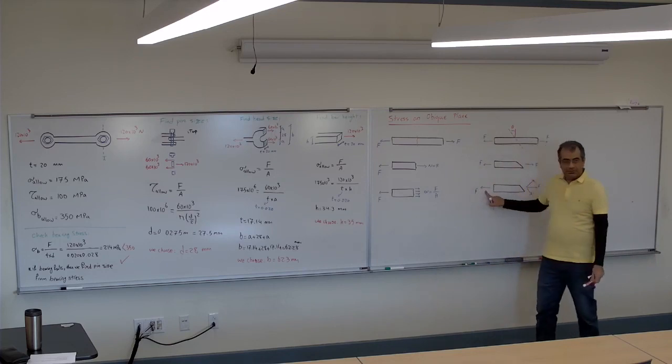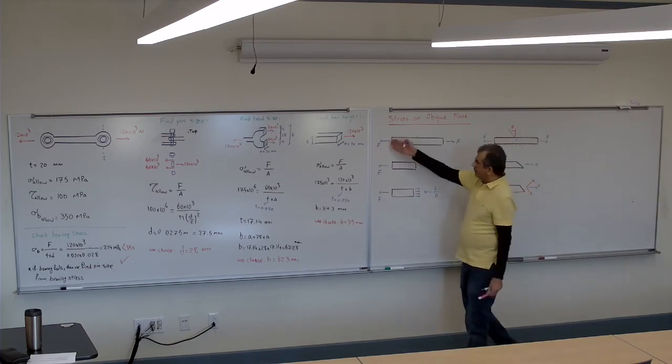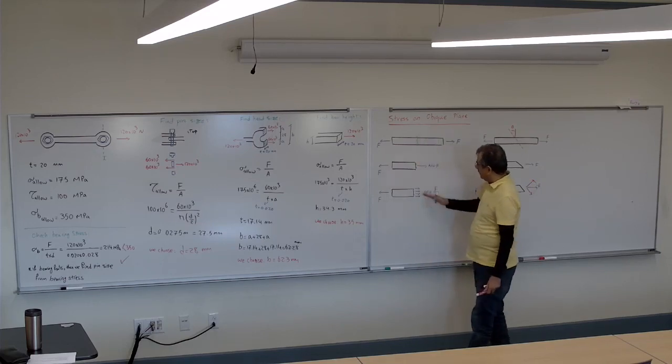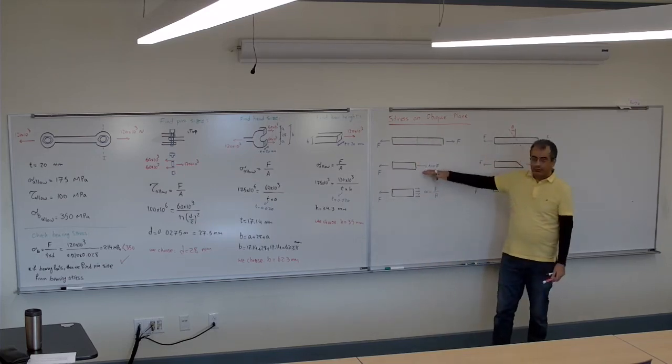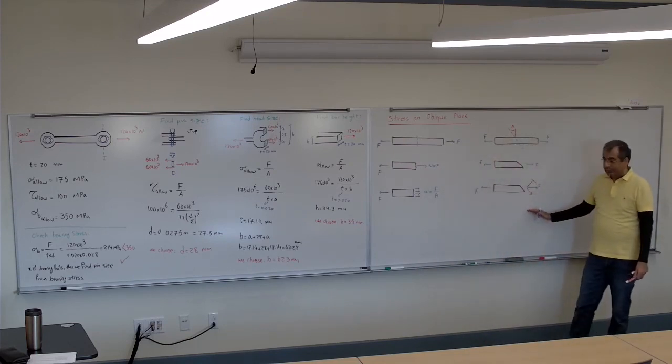A simple tension, correct? So look here, if I have a simple tension and I cut it, I only have the normal forces. But if I cut it at some angle, then I'm going to end up having both normal and shear.